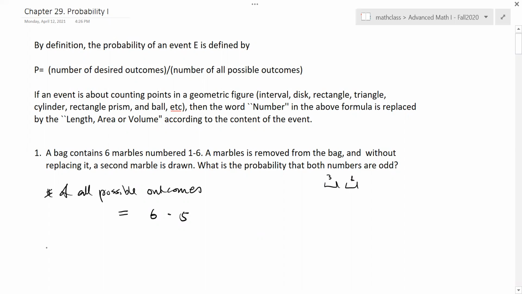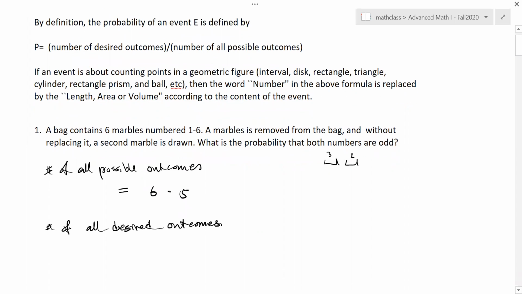Then we need to find all the designed outcomes. We're trying to find outcomes where both are odd numbers. So the restriction is that all the numbers are odd. You only pick numbers from the group of odd numbers, which are just 3 odd numbers here.